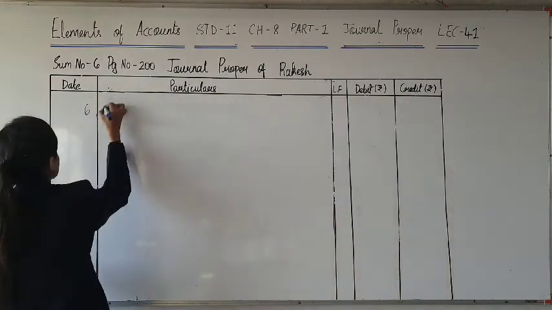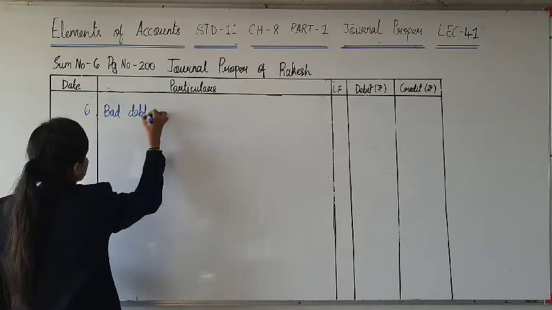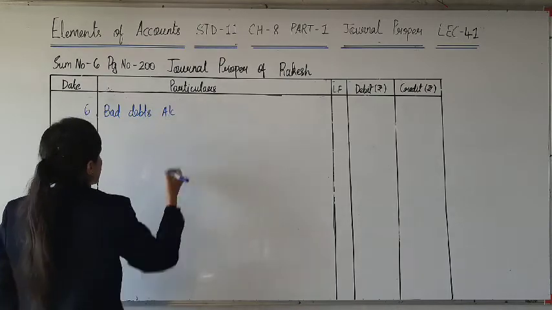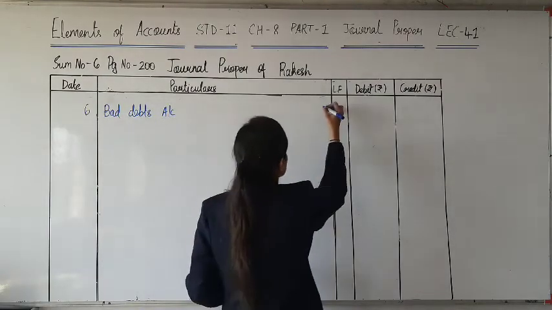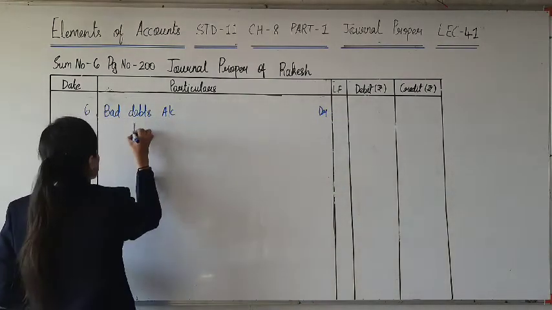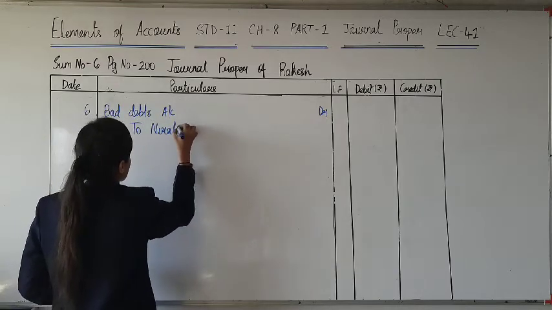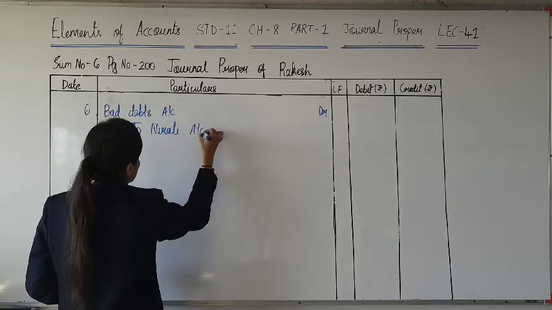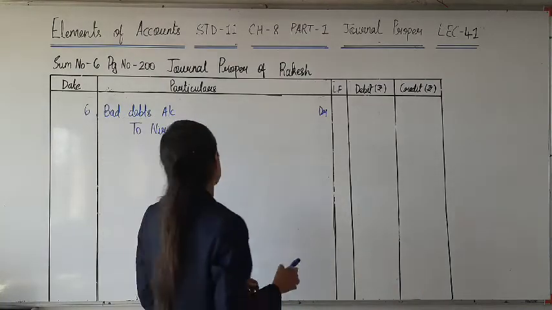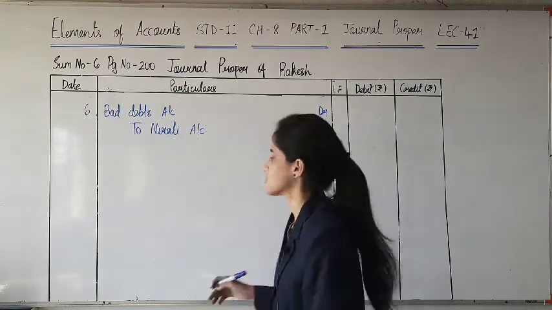So of course this is bad debts. Bad debts account debit, to Nirali account. How much? 2,000.